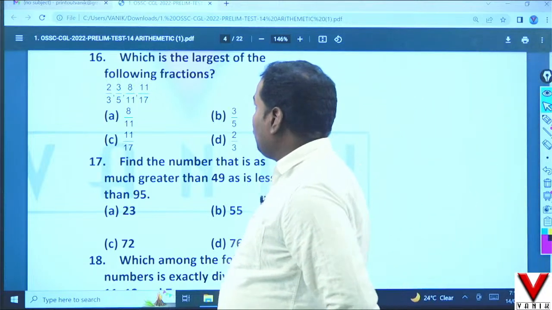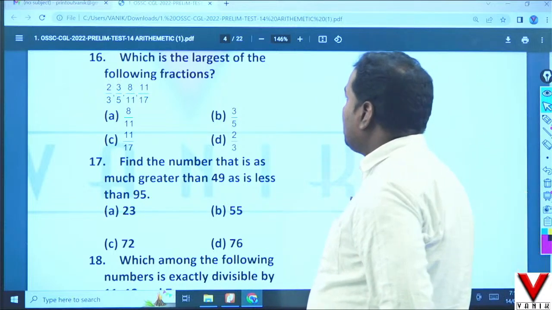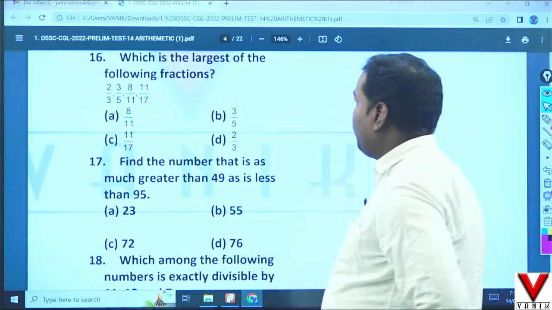Which is the largest of the following fractions?